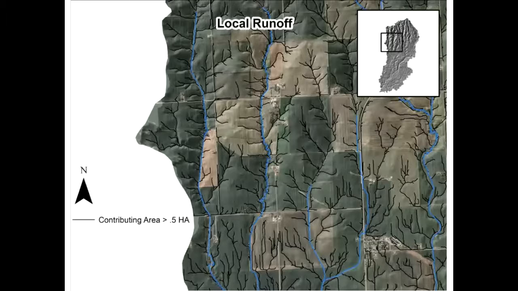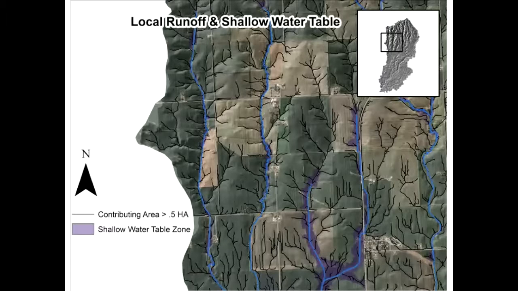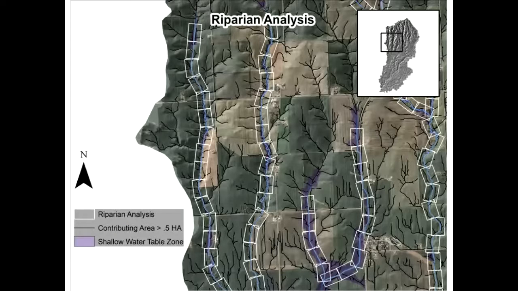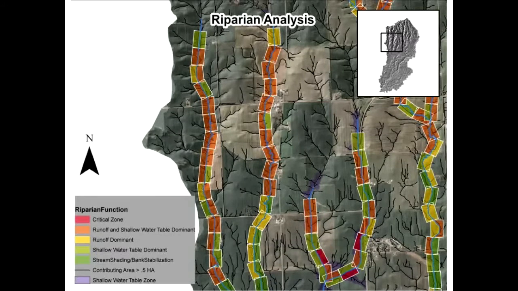And then we map out those low-lying areas adjacent to the stream, so we can look at how wide those zones are. We then discretize that stream network using a set of riparian assessment polygons, we call them. And then we run that two-way classification with the low-lying area versus amount of contributing area coming in.